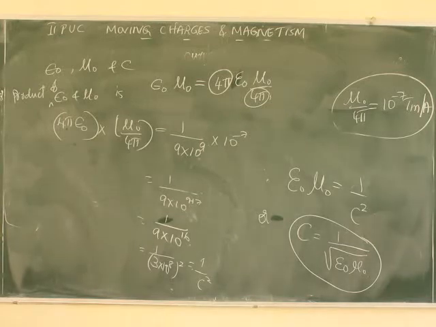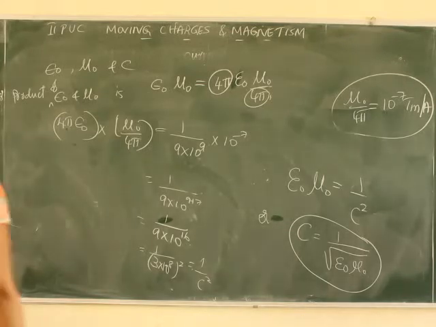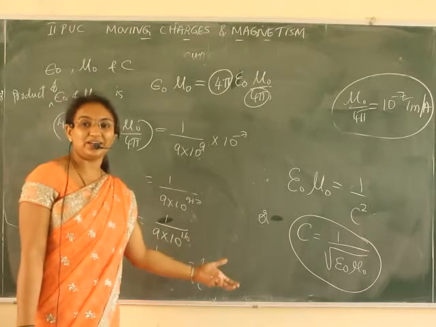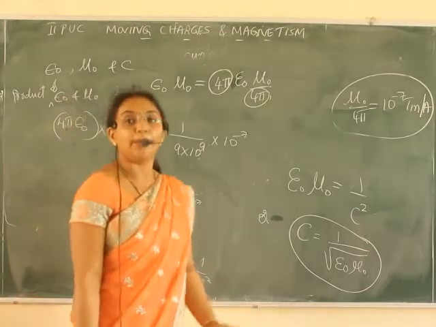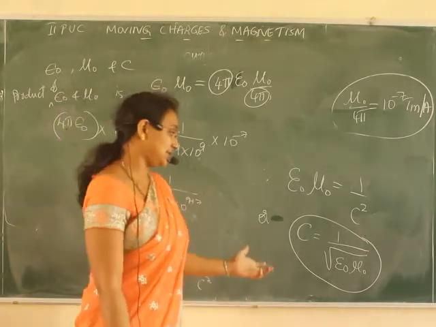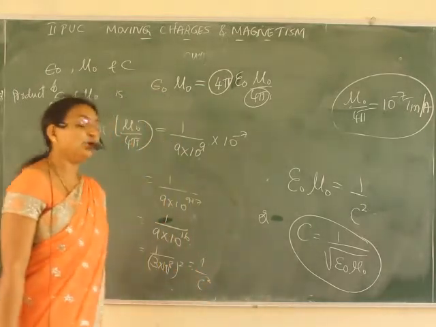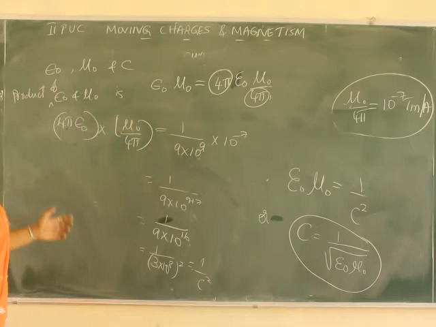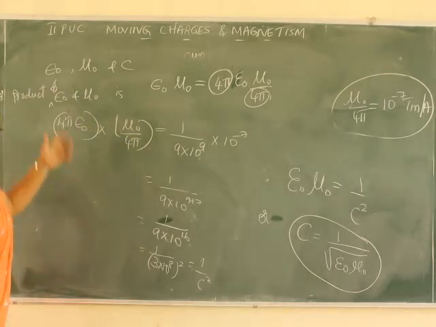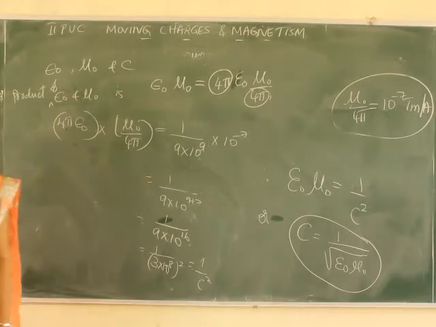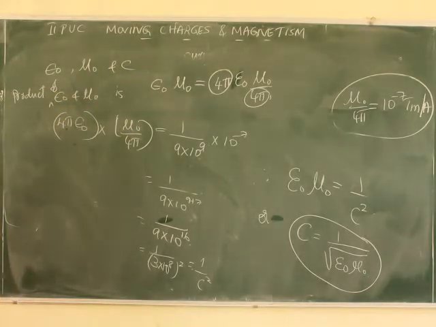This is the expression for the speed of light. We can write the speed of light in terms of epsilon naught and mu naught, that is C equals 1 by square root of epsilon naught into mu naught. So this is the relationship between epsilon naught, mu naught and C. Understood? This is one small derivation for 2 marks.